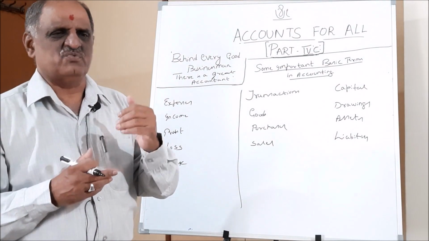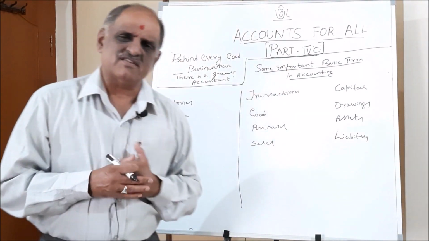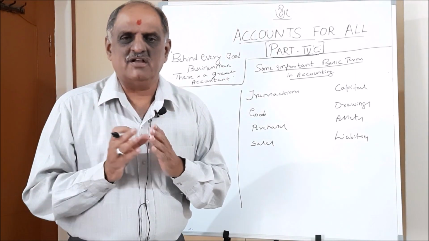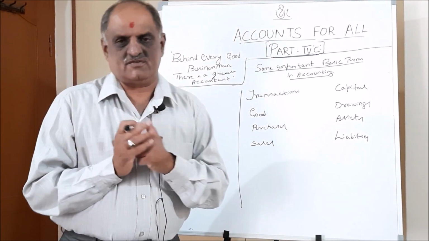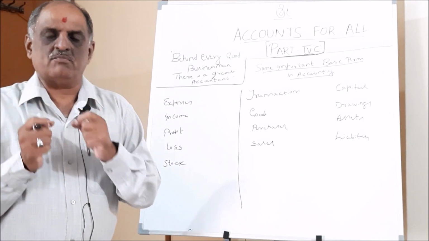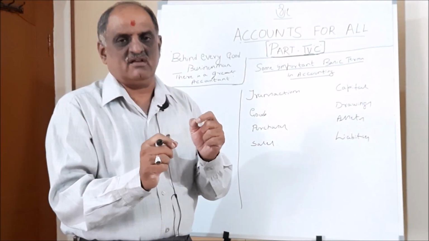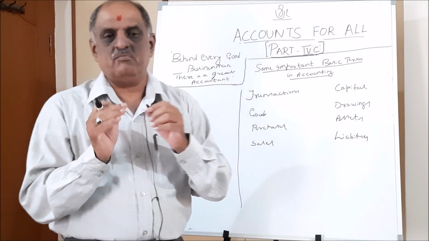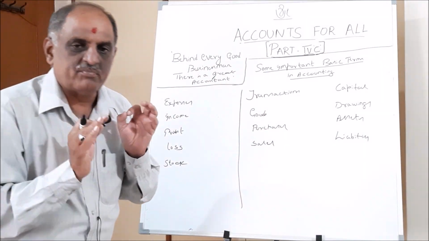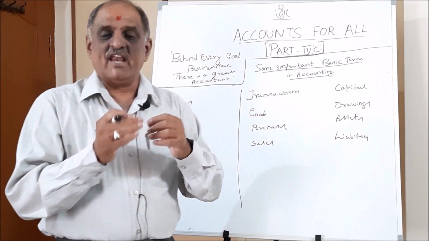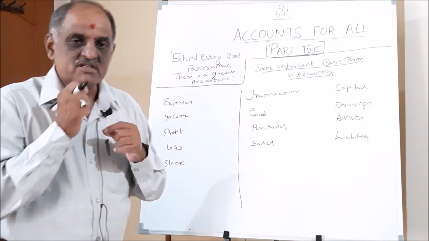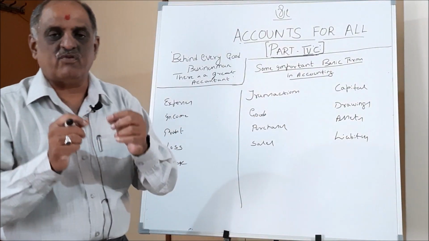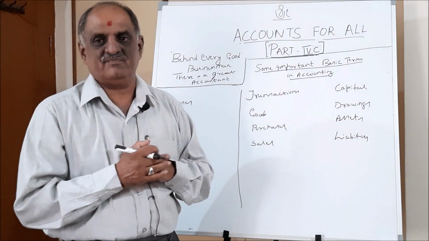Goods. This is very, very important. So many persons say that goods is what? Very simple. Whatever business you are doing, that itself is called goods. For example, I am doing silver business. I am purchasing silver and selling silver, which for me is called goods.